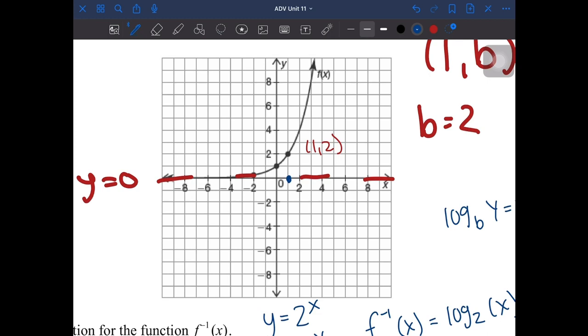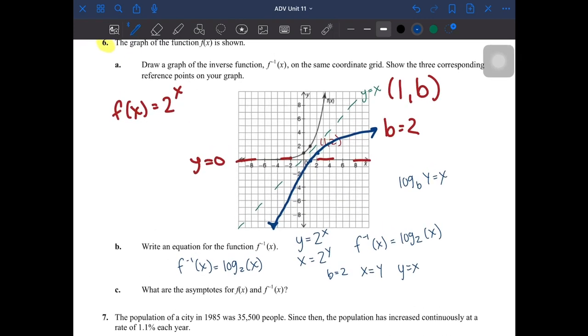So right here. And remember, when it reflects, it is reflecting over y equals x. So right here, this is y equals x. So it's reflecting from this side to this side. So my line right here is relatively going to look like this. Okay, that would be my inverse.